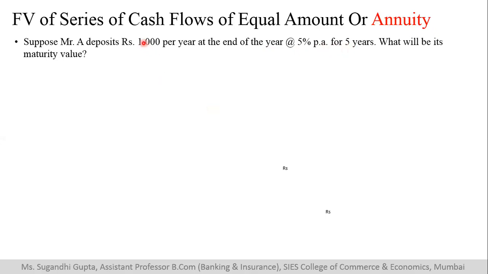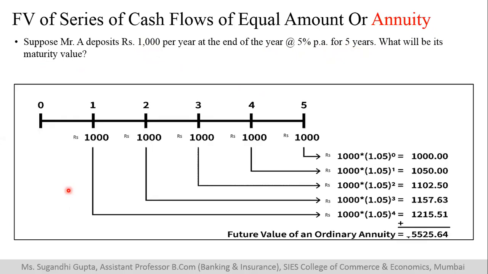It means Mr. A will deposit rupees 1,000 every year for the next 5 years, and this money will get deposited into the bank at the rate of 5% per annum. What will be its maturity value? So let us have a look at how we calculate this.